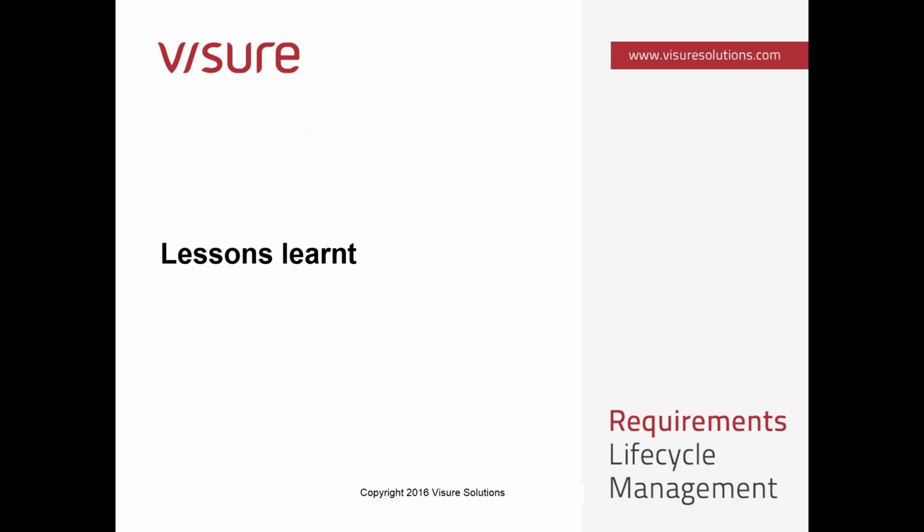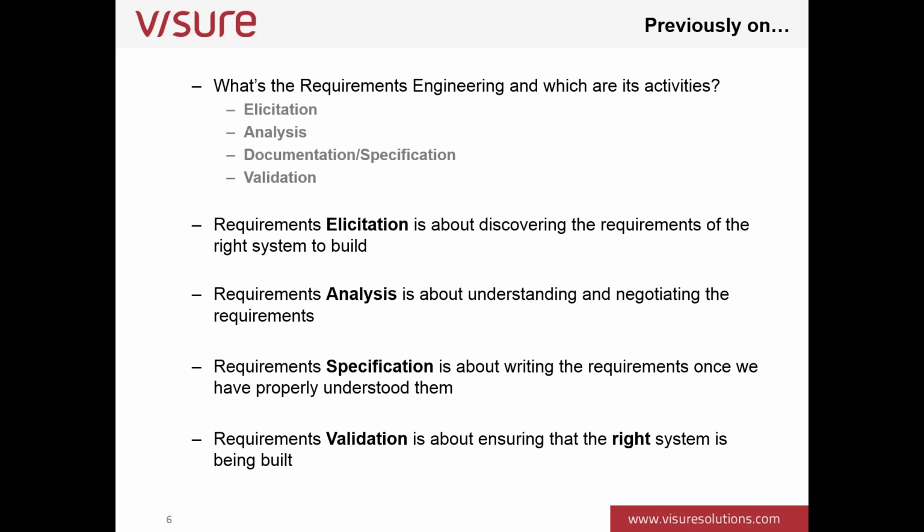And now let's just recap, for those of you that haven't been in the previous webinar, the main concepts, the main lessons that we have learned in this webinar series. First of all, we discussed requirements engineering as a whole process, and we mentioned that requirements engineering mainly focuses on four activities.